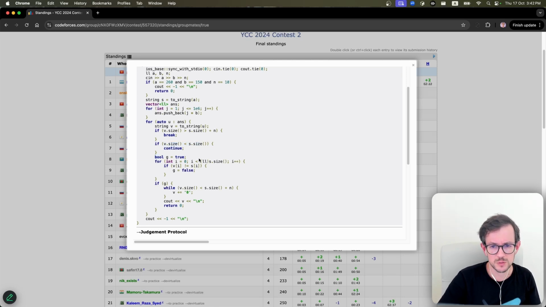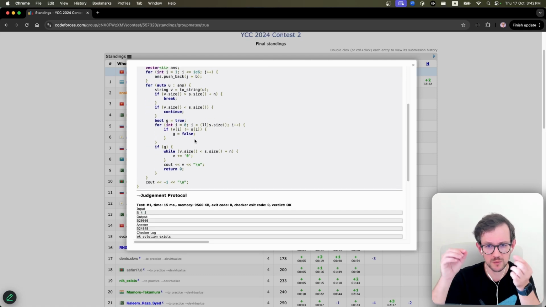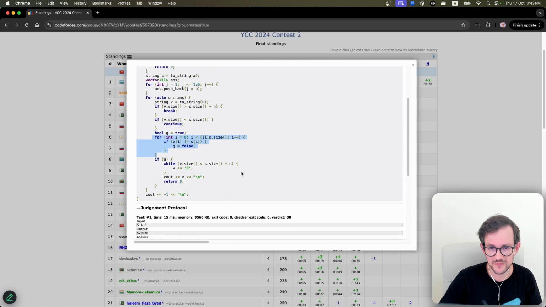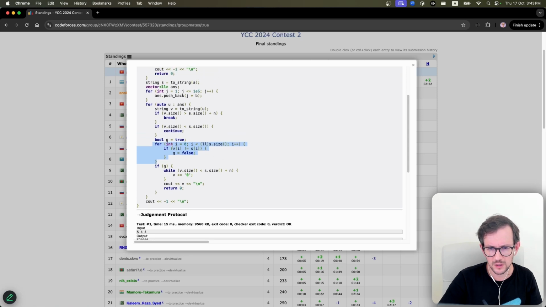Okay, because I'm smaller. Okay, makes sense. I can shorten my number. And here I check if I have the same prefix, right? So I look at the prefix and check if it is not the same, then g is false. Okay, so if g is true, then my string is a prefix of this multiple of b.